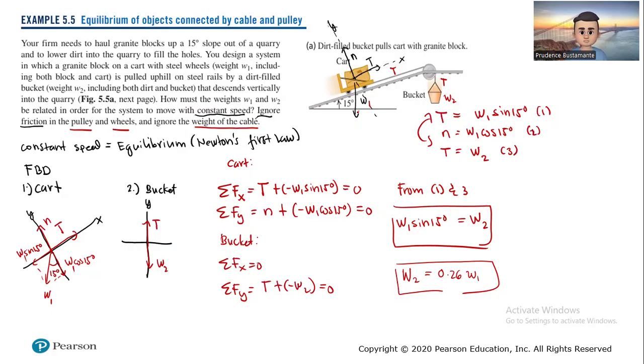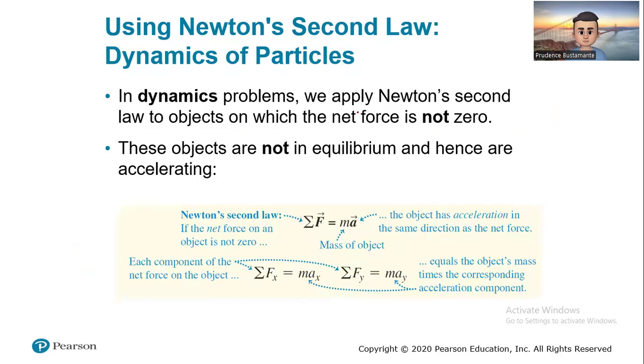Okay, now let's go to Newton's second law of motion. In Newton's second law of motion, there is now acceleration. So now we are in dynamics problems. We are now applying Newton's second law to objects in which the net force is not zero.